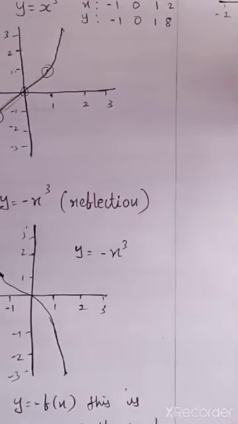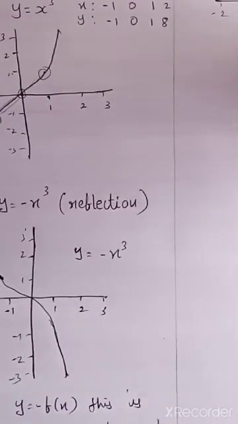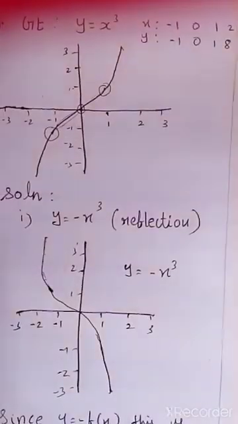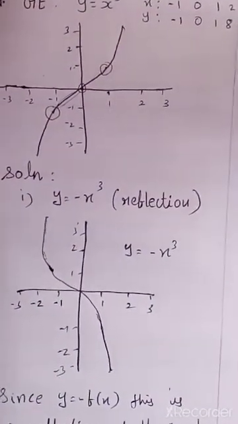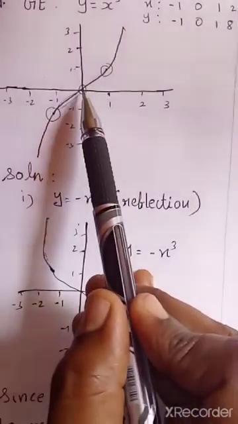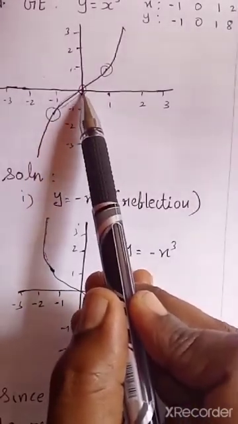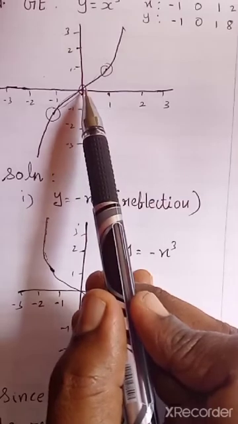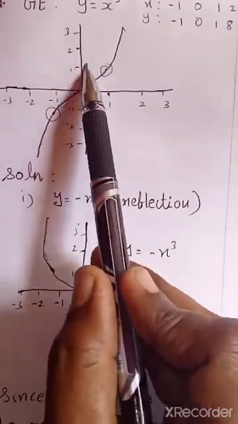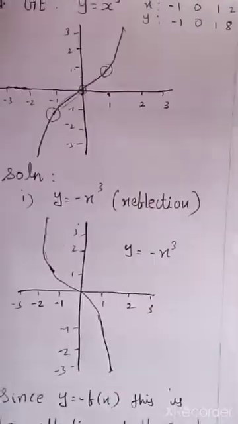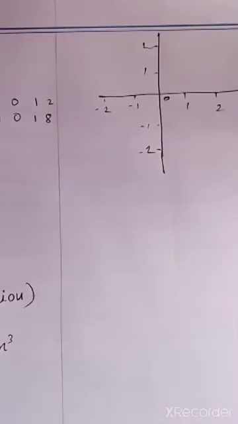Now look at here. This is your graph, right? y equal to x cube. So for y equal to x cube, what are we going to do? We are going to move 1 point. Since we added a constant to the function, we have to move the graph upward 1 unit. So how can we move?